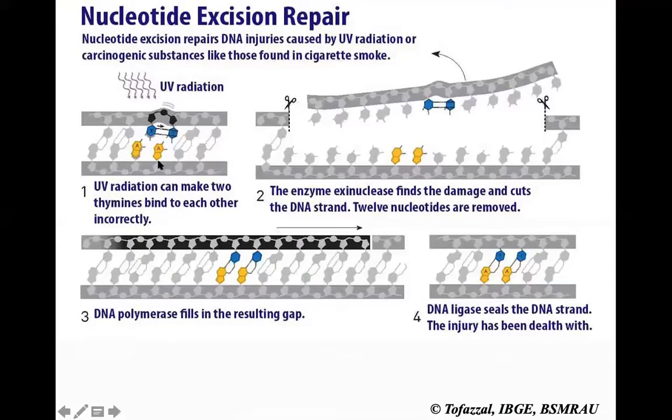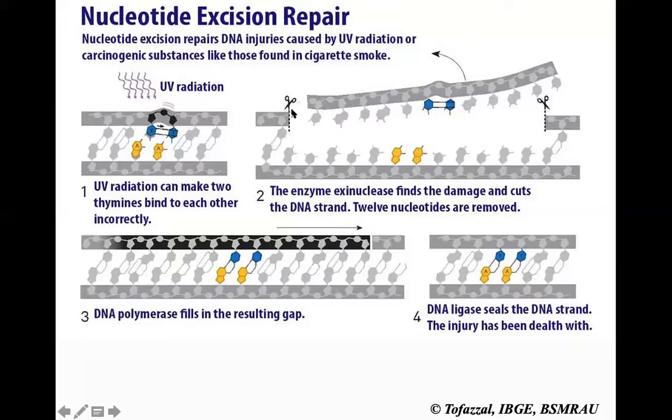If we show you the DNA double-stranded structure, you can easily understand. UV radiation can cause damage at the nucleotide level. When we are exposed to UV radiation or other radiation or carcinogens, many causes can result in nucleotide damage.